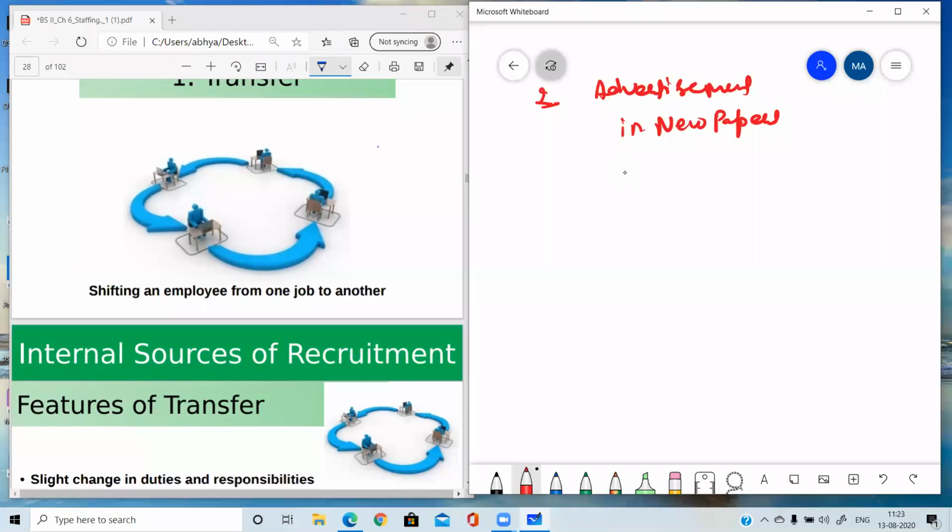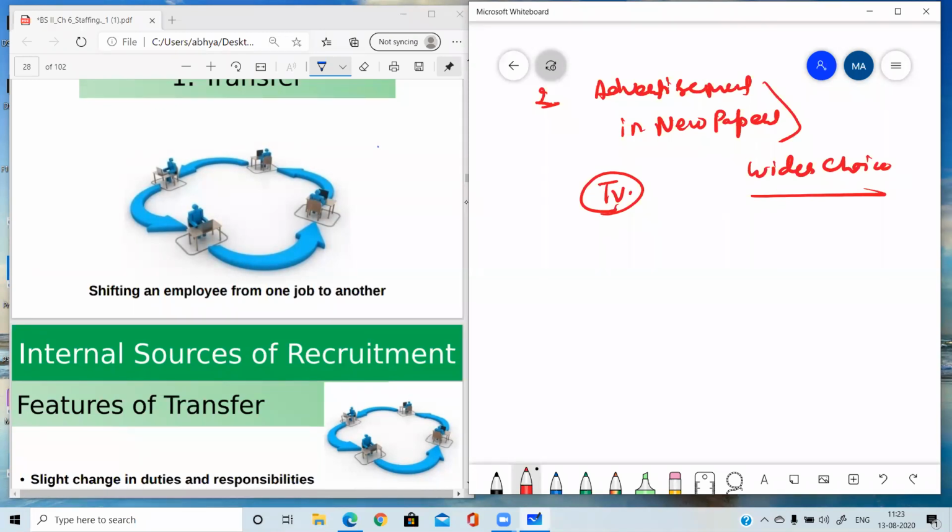The merit of this is that we have a wider choice, because everyone looking for job positions reads the newspapers, and after reading they can send their applications to the organization. Sometimes telecast on TV is also done, but that is a very old and traditional method.